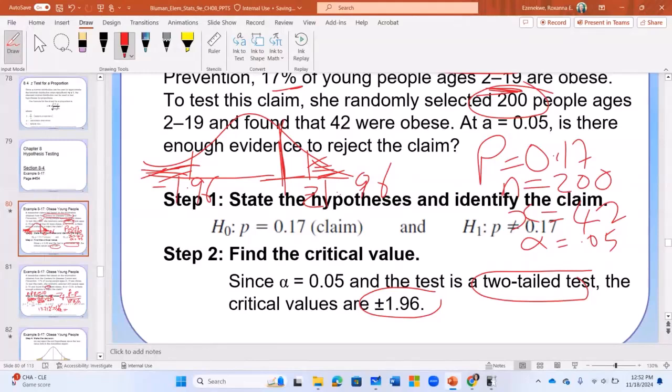Therefore, the traditional method and p-value have both accepted the null. What is the null? The null says that 17% of young adults are obese. So we have accepted the claim from the CDC, which says that 17% of children between 2 and 19 are obese.